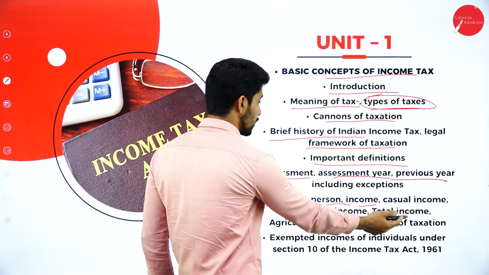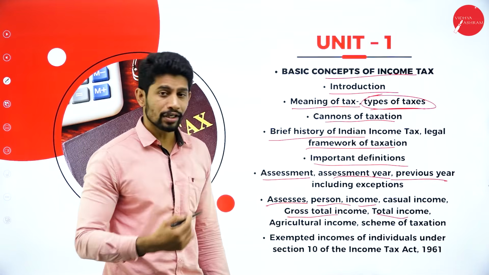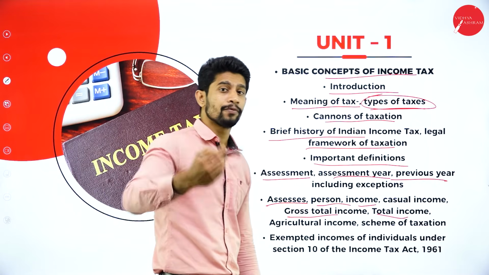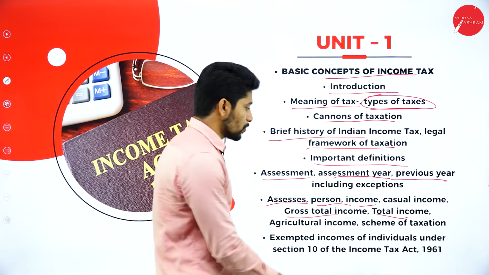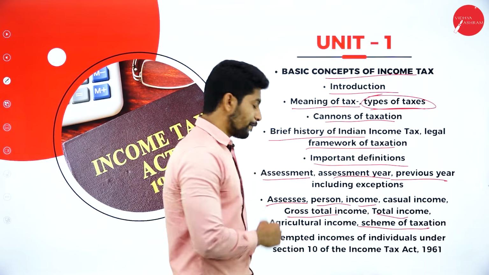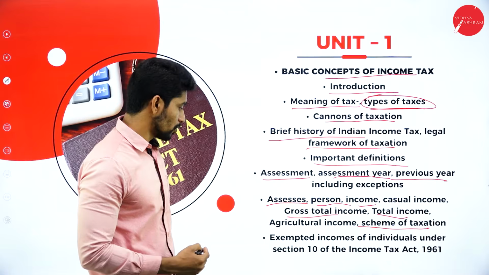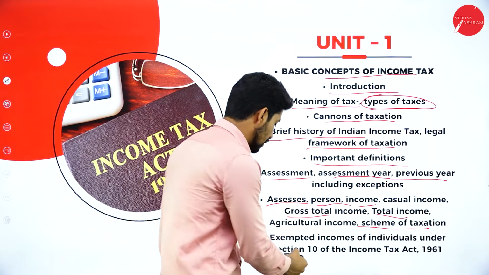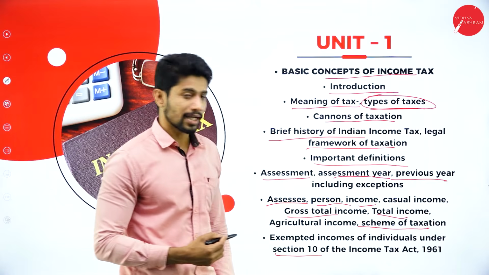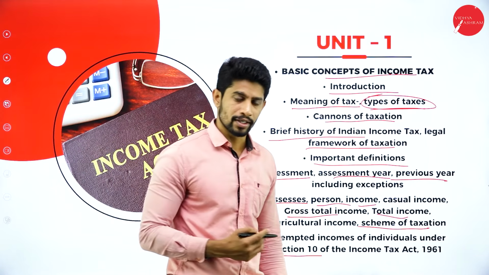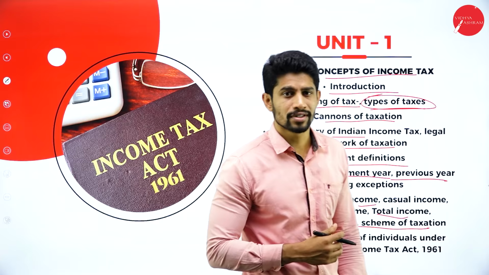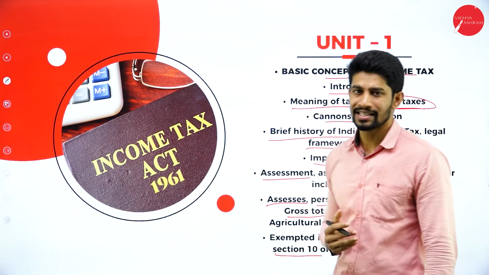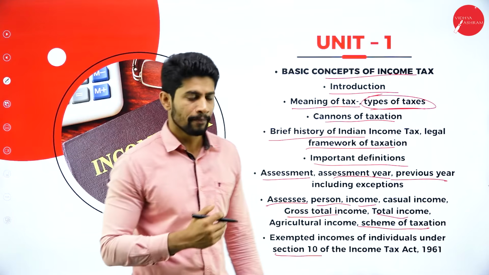Next, what is gross total income? What is total income? And what is agricultural income, with respect to Indian agricultural income and with respect to foreign agricultural income? And what is the scheme of taxation? And also exempted incomes of individuals under Section 10 of the Income Tax Act 1961. So about all these aspects we are going to study in this particular unit.